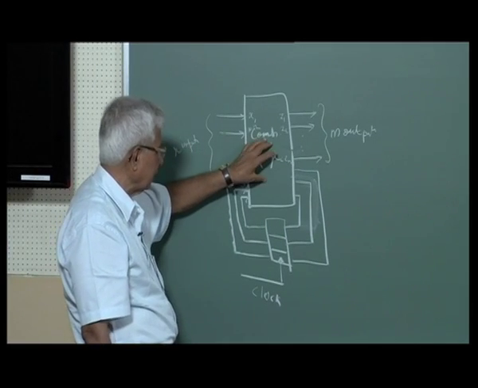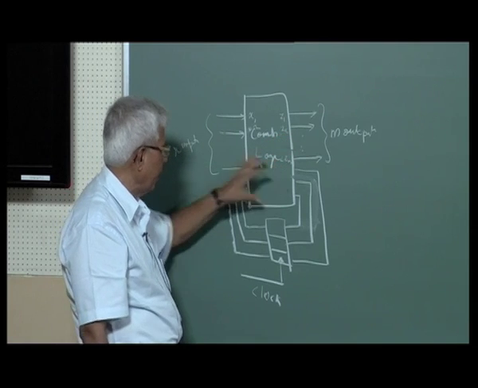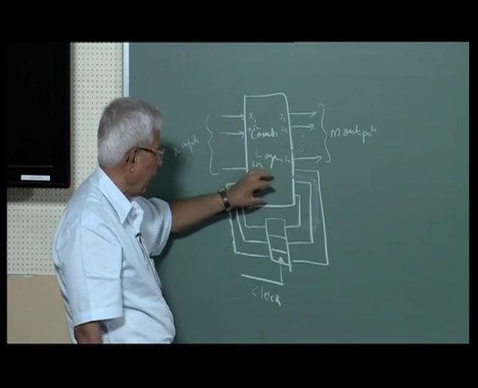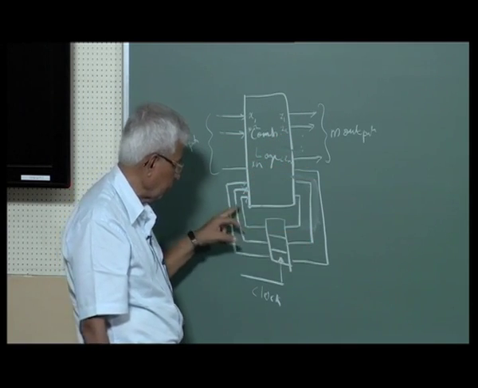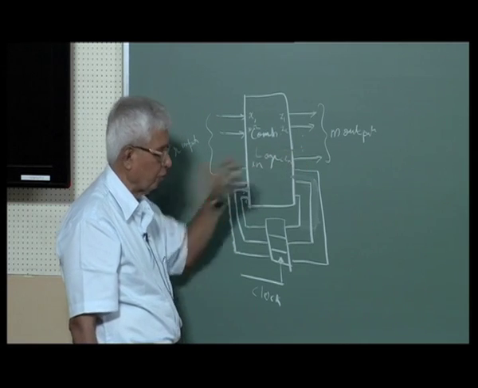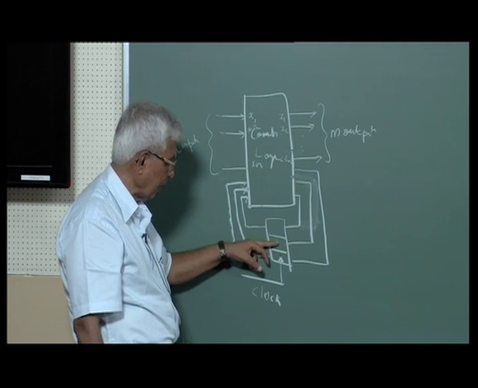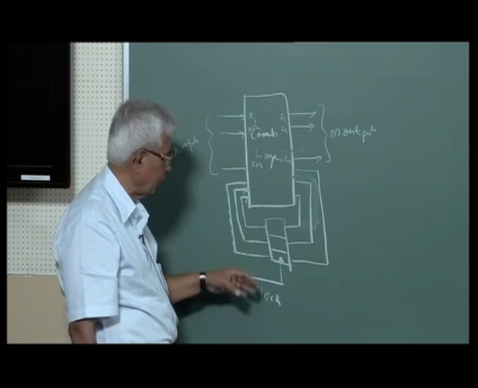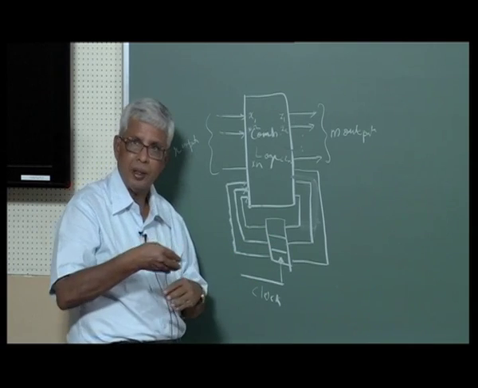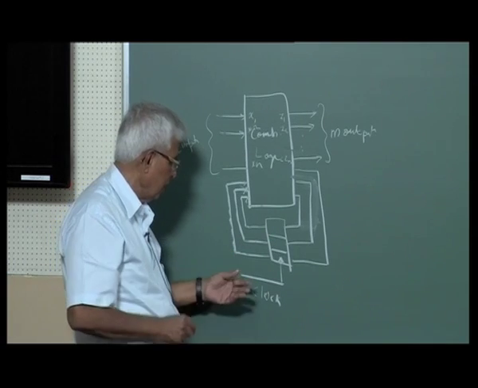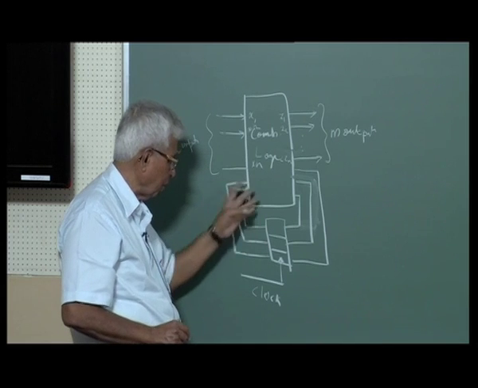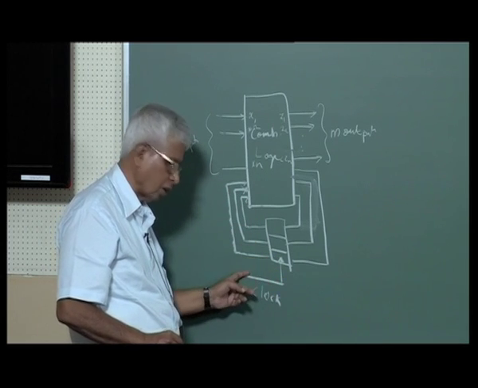So, combination logic decides the next states based on these present inputs and the previous output, then it becomes the next state for this. And this flip flop delays the thing, because we do not want this to go on all the time, because it will be a racing condition, we do not want that. So, the speed at which you want to work can be decided by the clock.